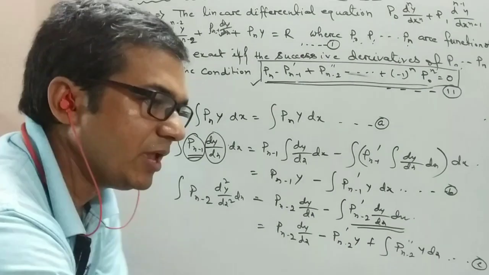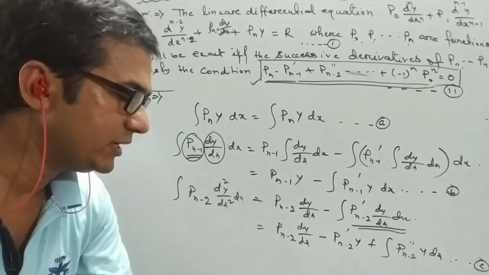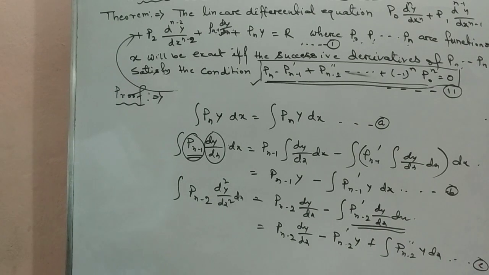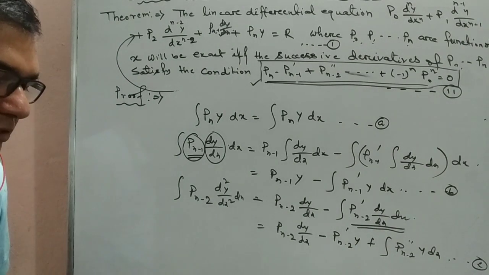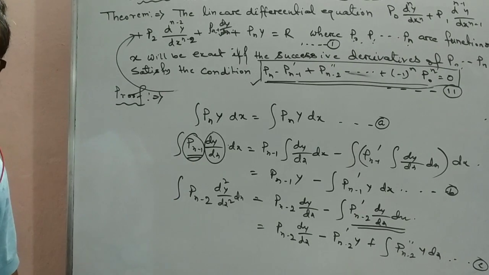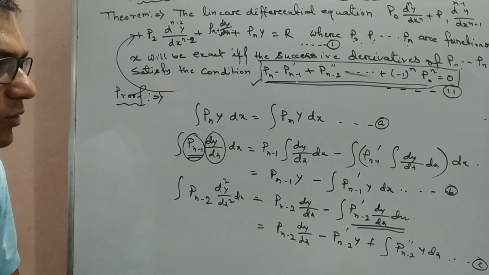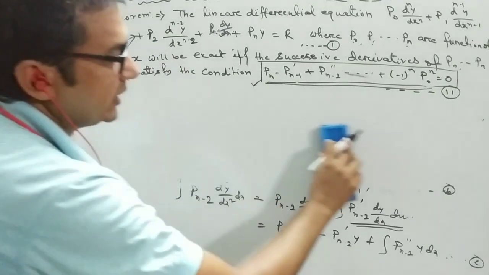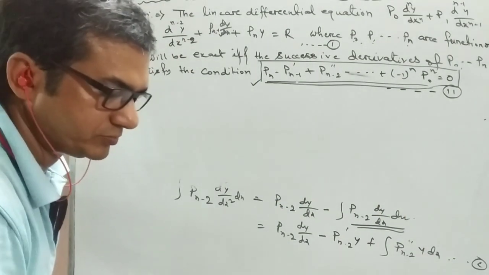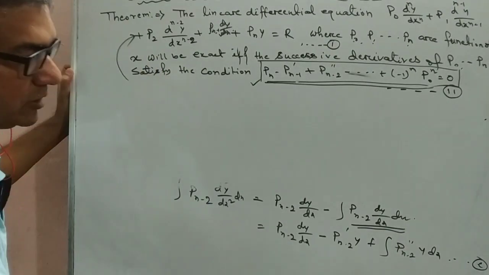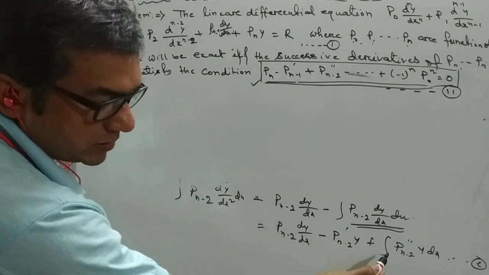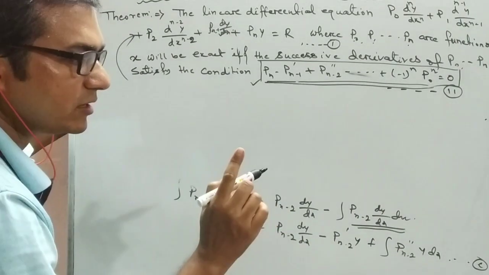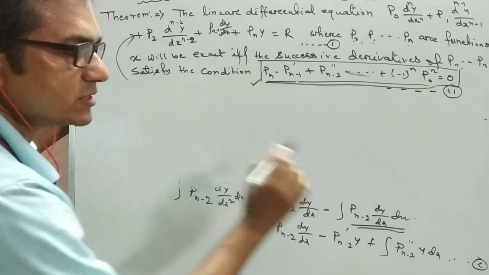Now in a similar manner, if we integrate all the terms and add all the results, then we get the following. For every relation there is an integration in the last term only.